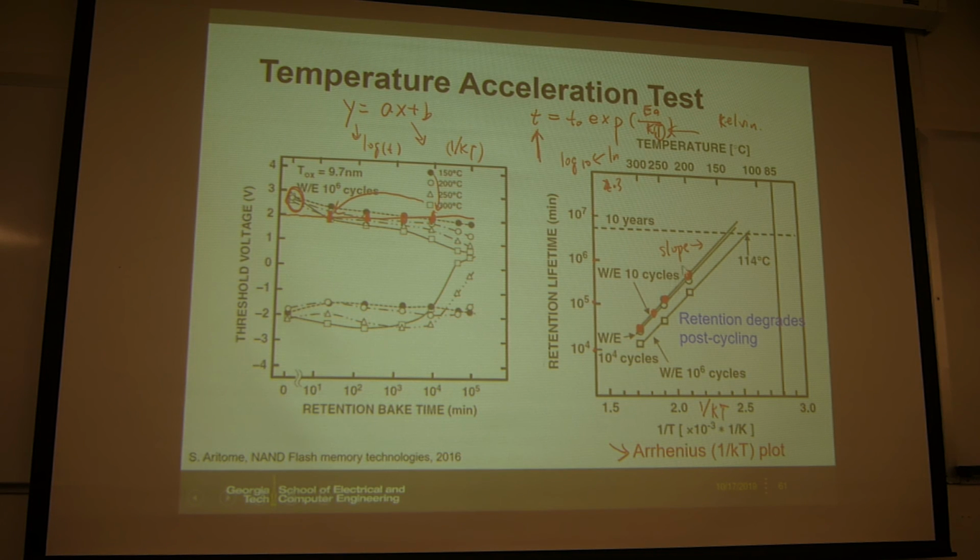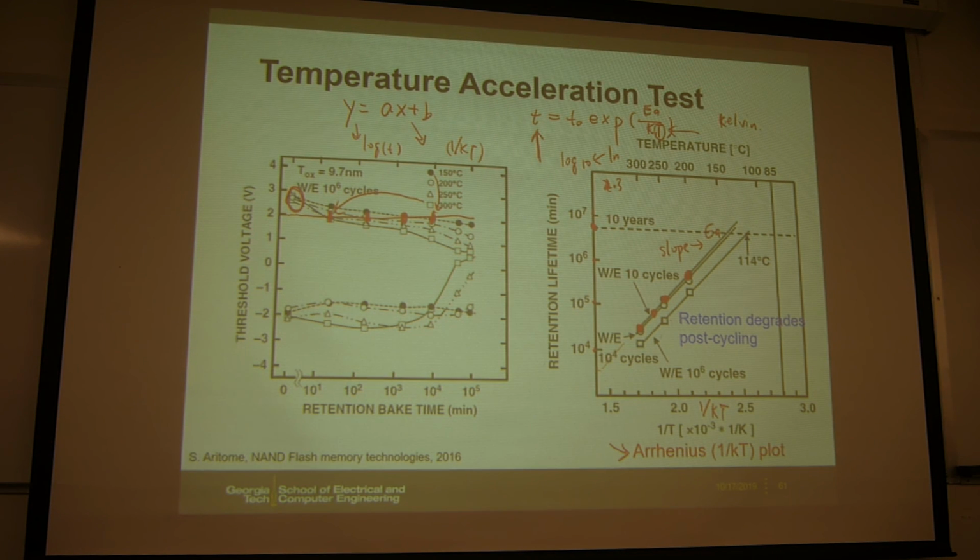So essentially the slope will give you the EA, and then if you extrapolate this, somewhere you will get a T0, the intersection. But what matters is EA. Because once you get the slope, then you can extrapolate, and then you can mark 10 years here in this plot, and then you look at this.